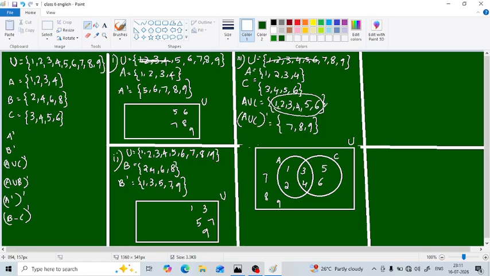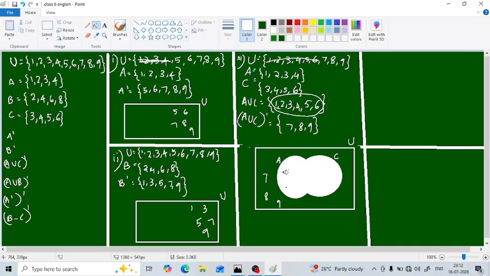So what forms our A union C? A union C is this circle completely. This part and this part completely form our A union C. So this is our A and this is our C, and A union C forms this cloud shape.